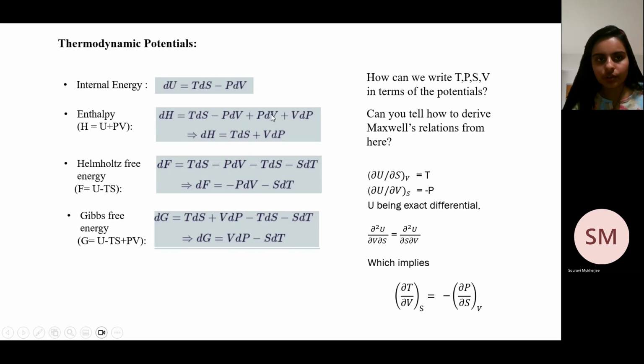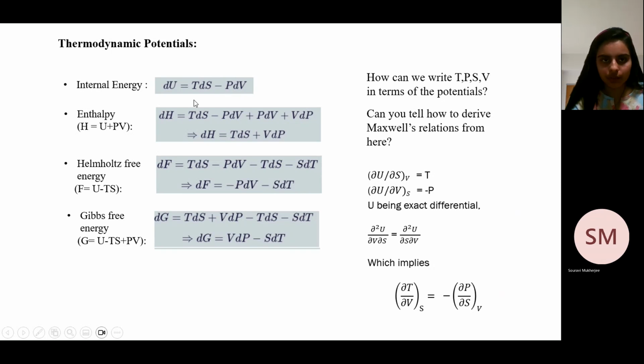As an example, if you consider the internal energy, then del U del S at constant volume would be given as T, and del U del V at constant entropy would be given as minus P.